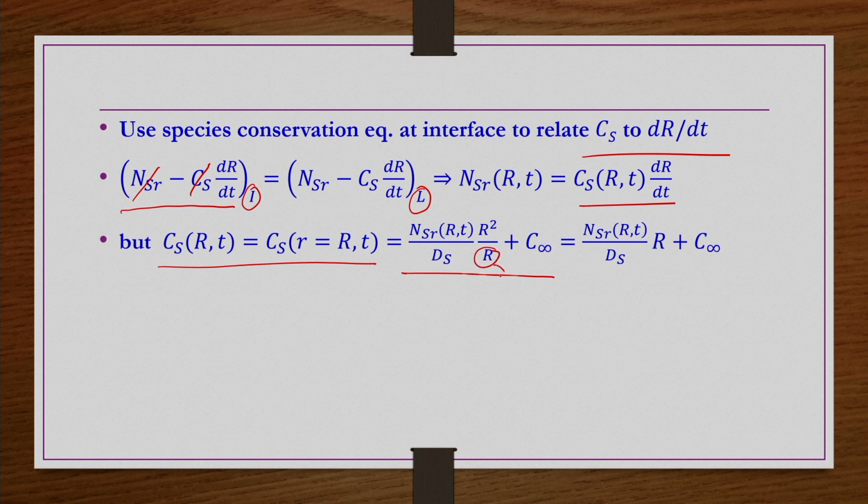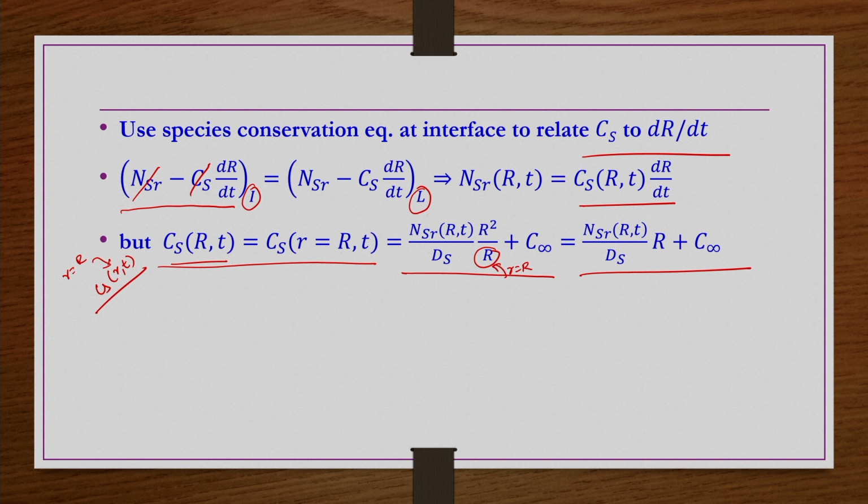So, in place of this small r you are writing capital R, because you want Cs at capital R comma t. So, in the previous expression from the previous slide, this r you replace by capital R. So, you get Cs at capital R comma t. So, then we have this one.